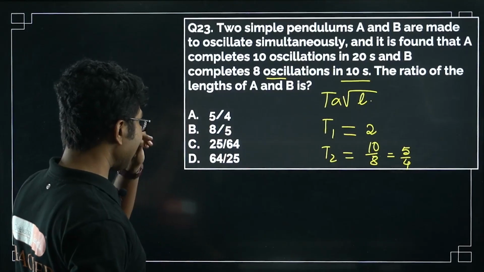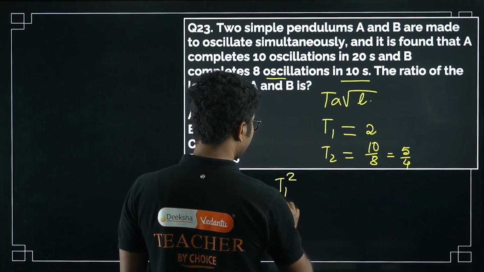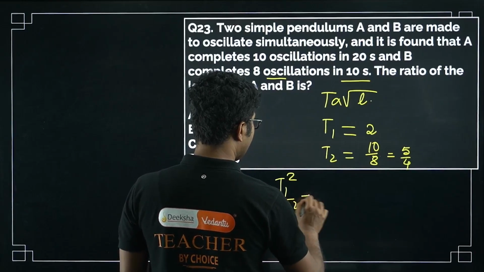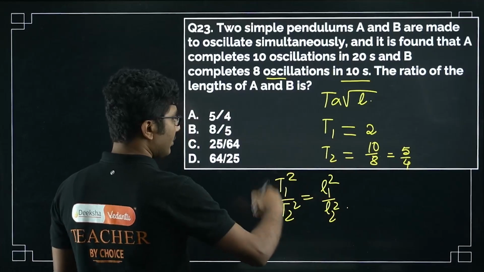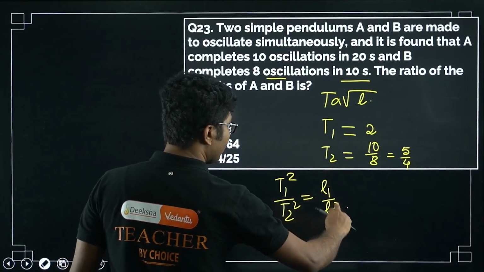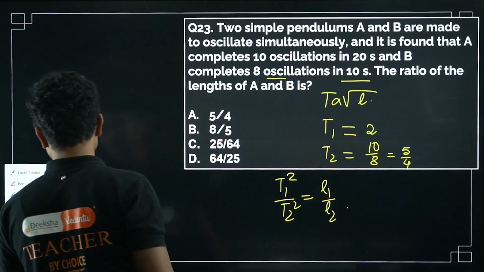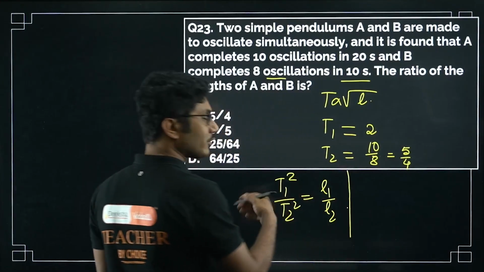Now the ratio of the lengths. We are trying to find L1 by L2. So what we have to do? You have to do T1 square by T2 square equals L1 by L2, because T is proportional to square root of L, we just have to do the squares on both sides.